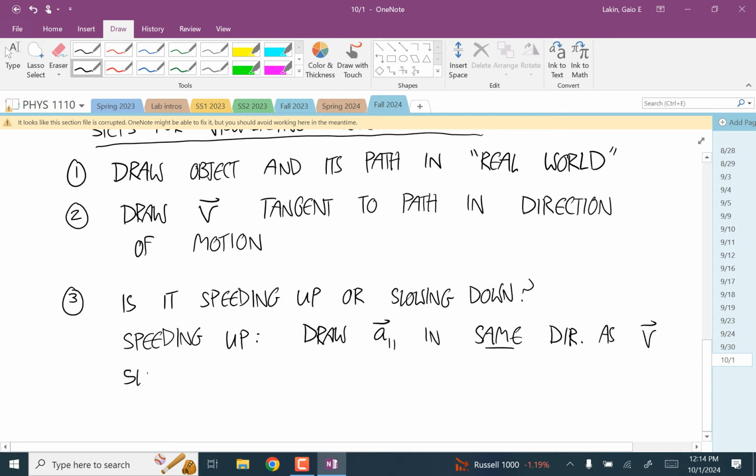And if it's slowing down, draw A parallel in the opposite direction of the velocity vector.